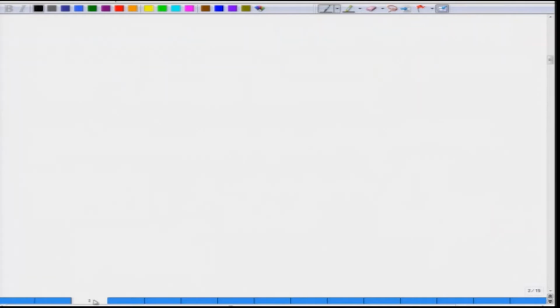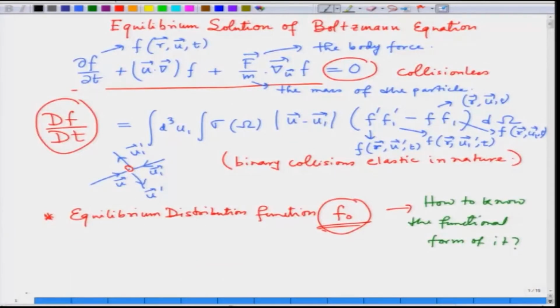Okay. Now, if you see the left hand side of the whole collisional Boltzmann equation, the time derivative term is vanishing, the gradient term is vanishing because gradient of f is 0, and what about the third term, is this also vanishing?